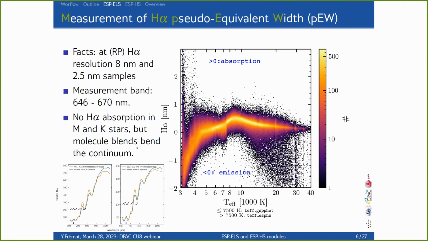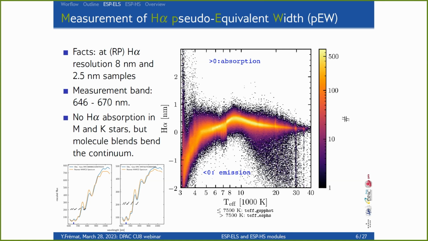It just consists in integrating the information between these two wavelength samples. So we draw a straight line between these two points, and we integrate this normalized information to get an estimate of the equivalent width of the H-alpha.